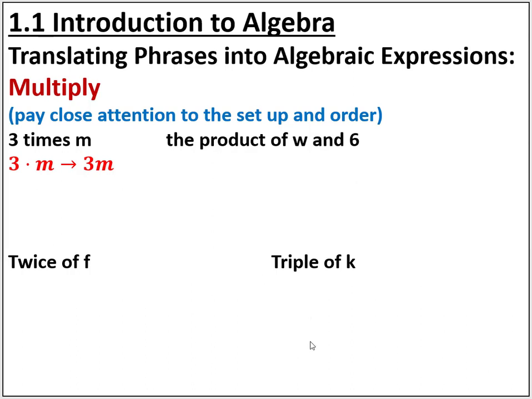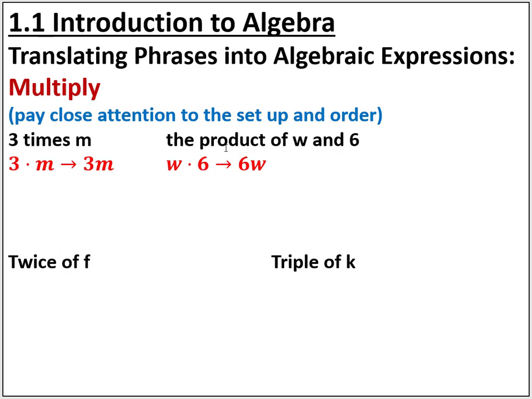So if you were to translate it and write it out literally, you would have w times 6. Now when it comes to multiplication, we can't just leave it like that. So in your upper level math classes, we're going to rewrite it and leave it as 6w. Now, you would only do this for multiplication. So repeat, we only do this for multiplication.